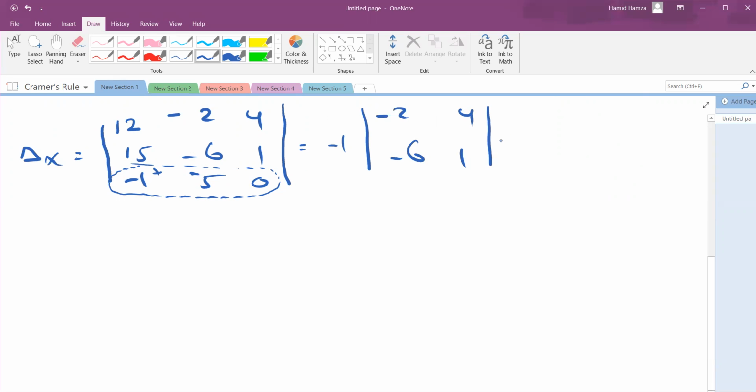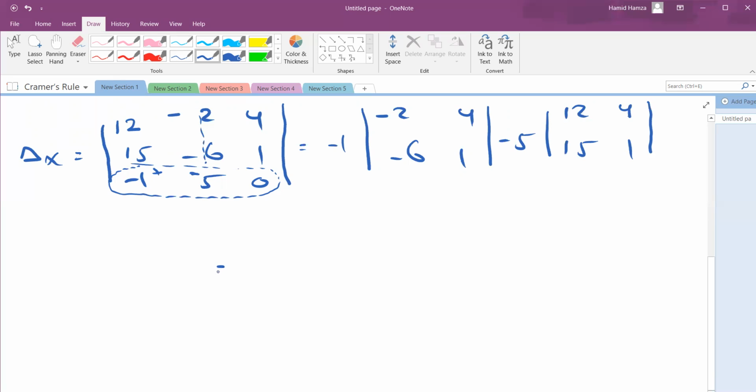Then minus 5. So eliminate this row and this column; the remaining will be 12, 4, 15, and 1. The last element is 0, so no need to write it, because if you multiply by the determinant, the answer will be 0, like the previous one.